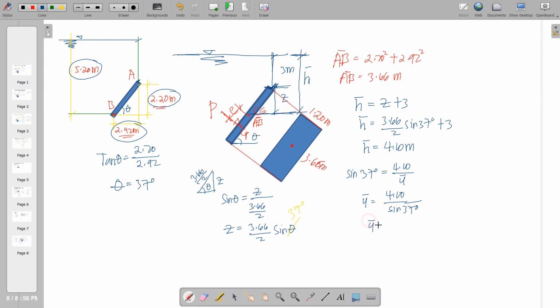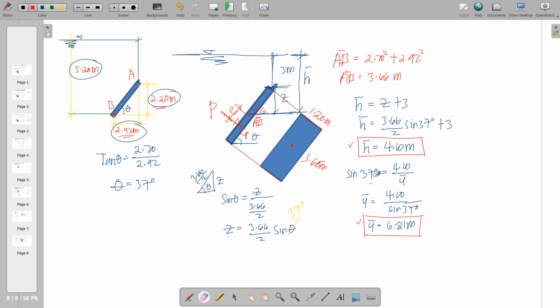So we have y bar to be equal to 6.81 meters. By the way, class, in dealing with hydrostatic force on plane surfaces, it is inherent that we need to compute for h bar and y bar so that we can address all the formulas we need.